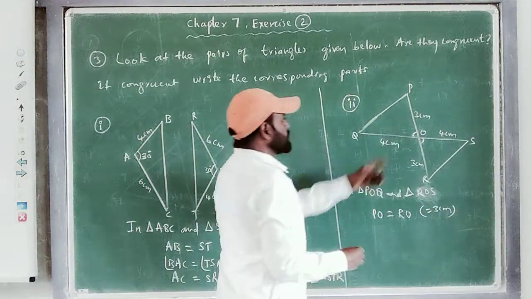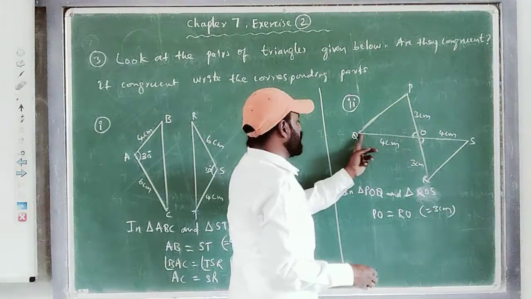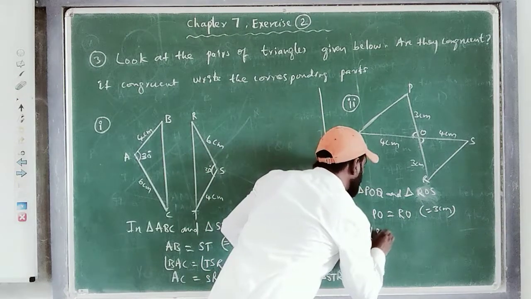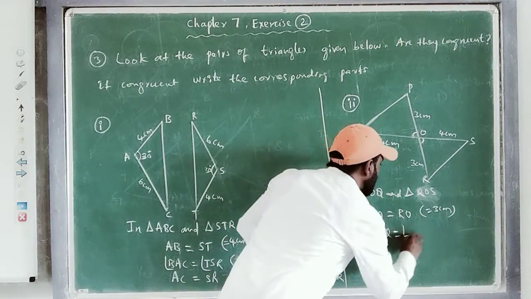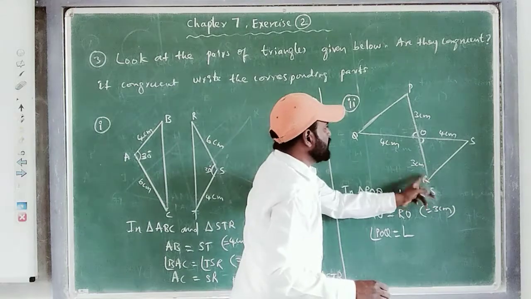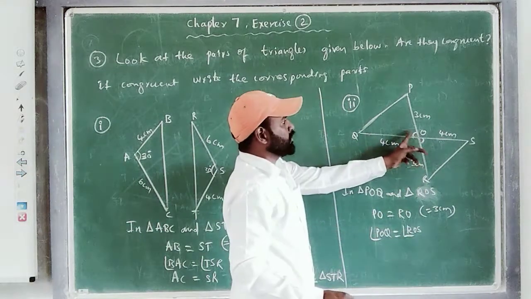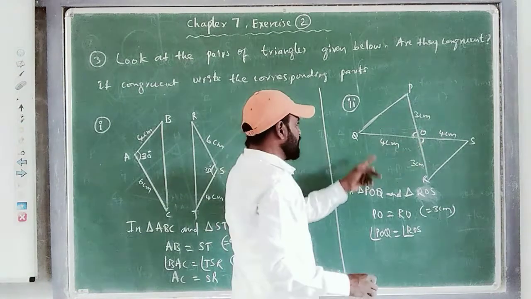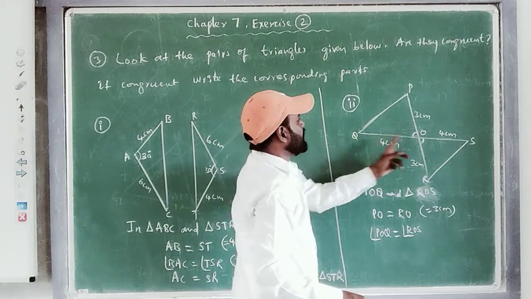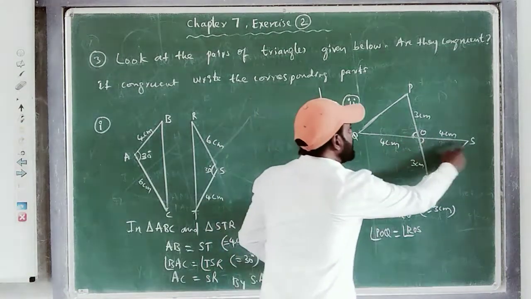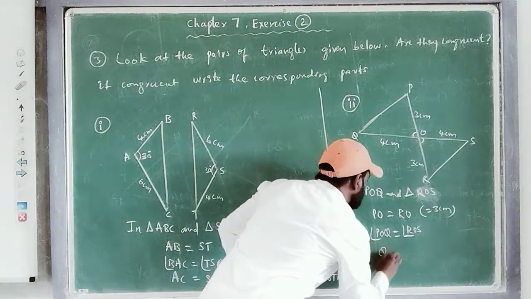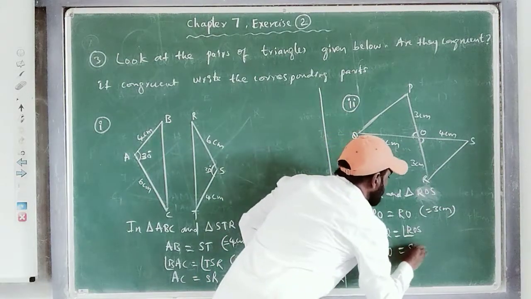Next, angle POQ is equal to angle ROS, which is given as equal, though the measurement is not given. Next, the sides: QO is equal to SO.